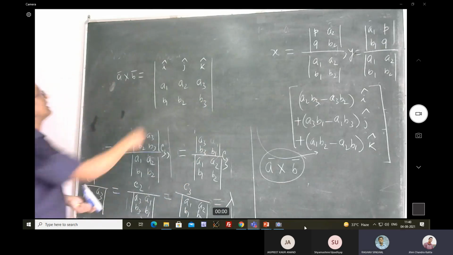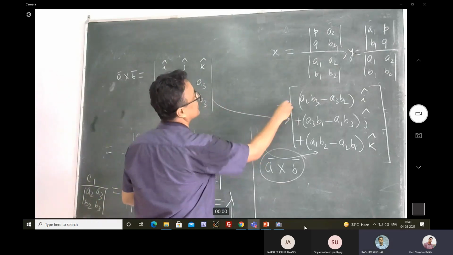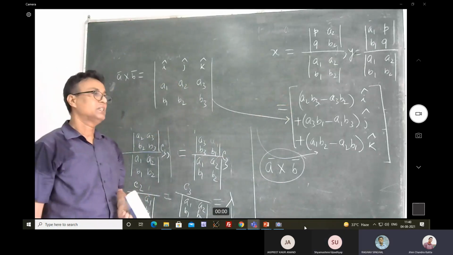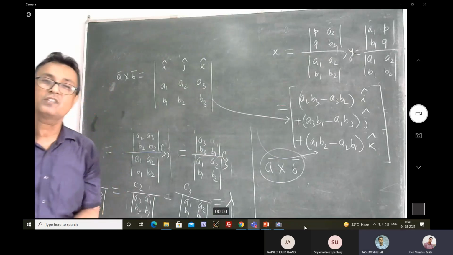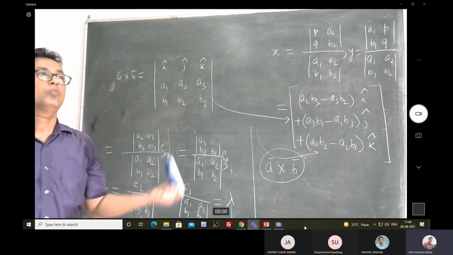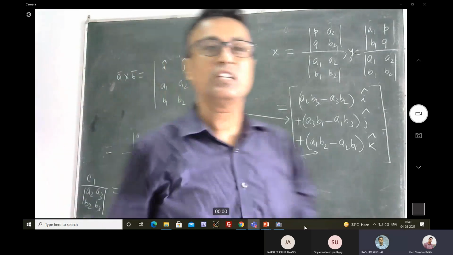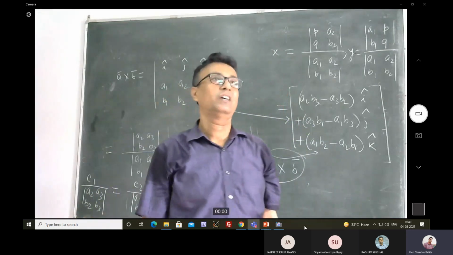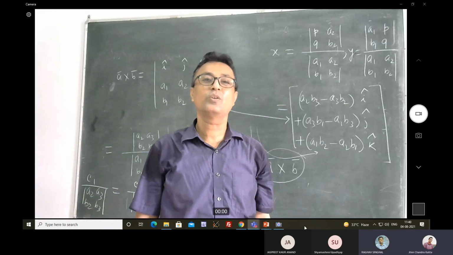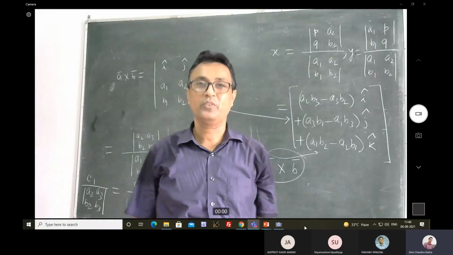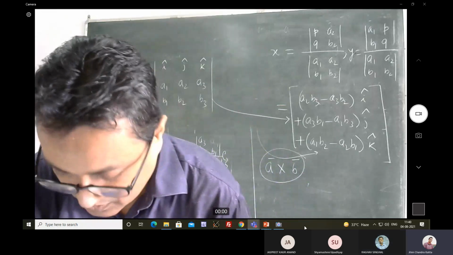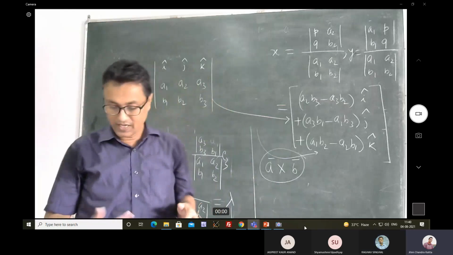Is it okay? So remember, that is the way the concept of vector cross product comes. Although probably in your 11th and 12th, you were told that the cross product of two vectors A and B is another vector which is perpendicular to both A and B. Okay, so now that brings me to the concept of a right-hand side system.